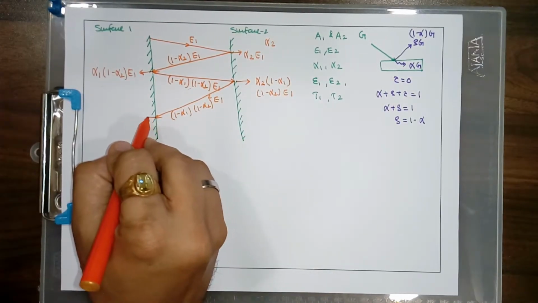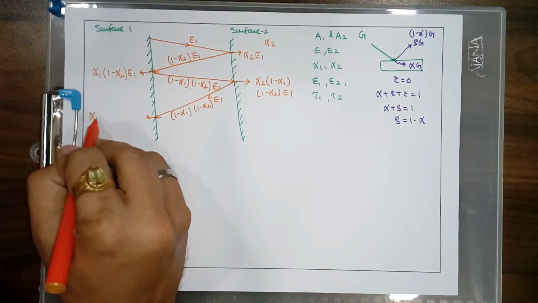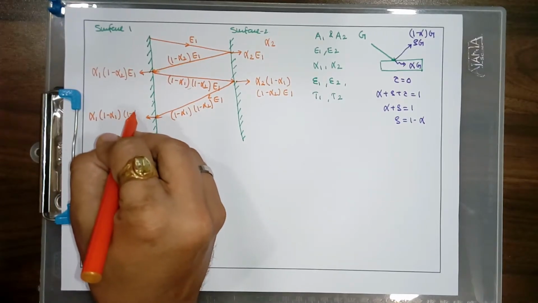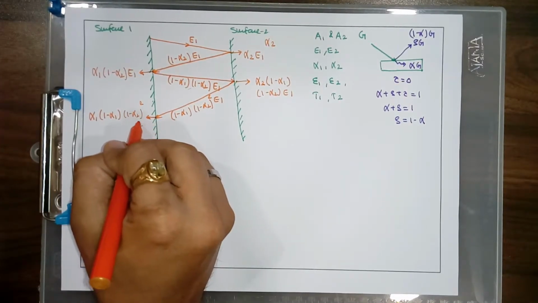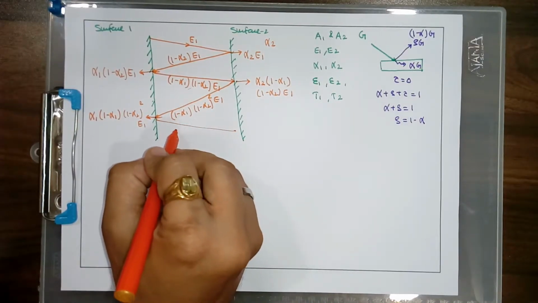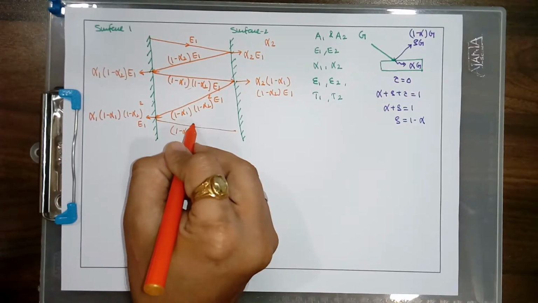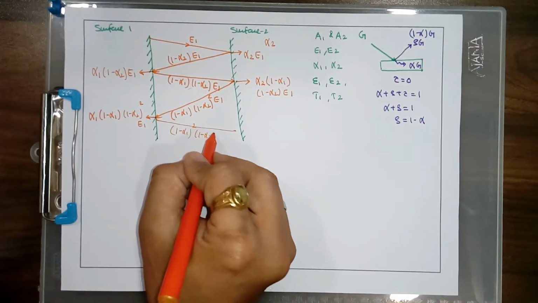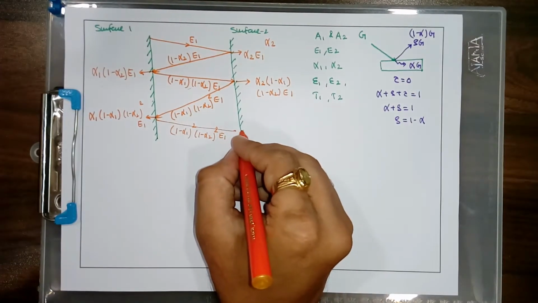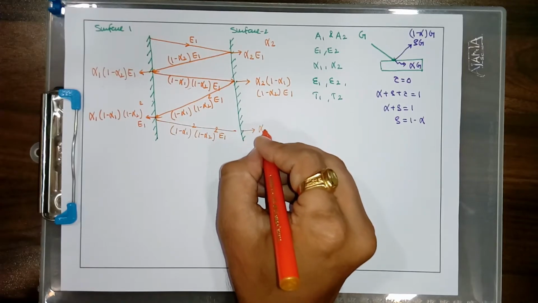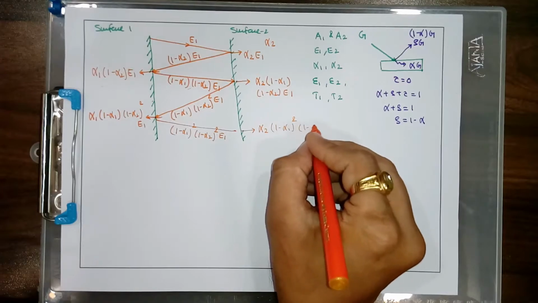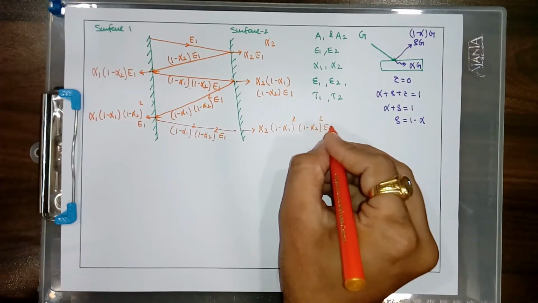Again it absorbs certain energy, that is alpha 1 times 1 minus alpha 1 times 1 minus alpha 2, whole to the power 2, times E1, and it reflects back the energy, that is 1 minus alpha 1 to the power 2 times 1 minus alpha 2 to the power 2 times E1, and here it absorbs the energy, that is alpha 2 times 1 minus alpha 1 to the power 2 times 1 minus alpha 2 to the power 2 times E1.